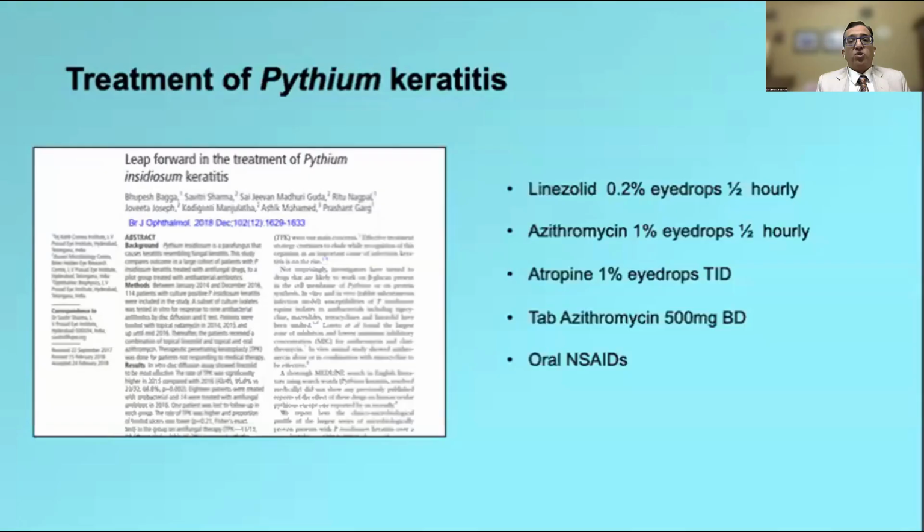So for this patient also, we used linezolid in a concentration of 0.2% eye drops. Linezolid is not available as an eye drop, so we reconstituted it from the intravenous preparation. Fortunately, linezolid IV solution comes as 0.2%, so we just need to transfer it and use it as an eye drop, azithromycin eye drop 1%, and oral azithromycin 500 milligram twice daily.